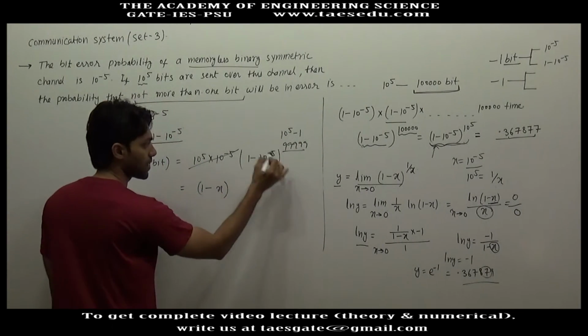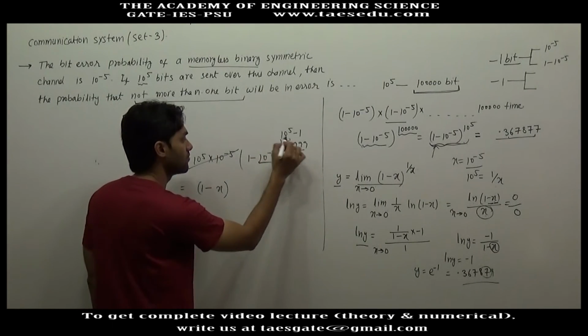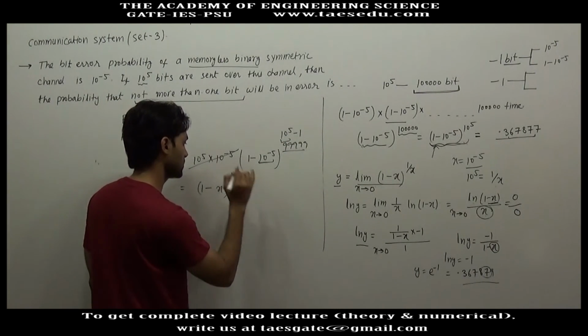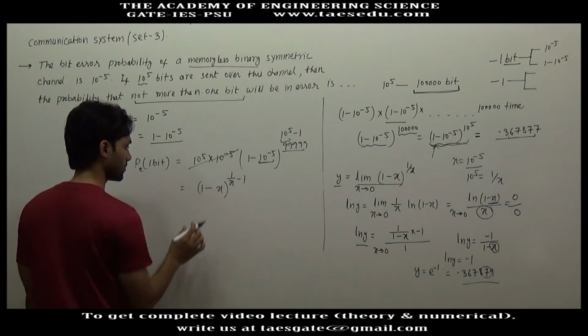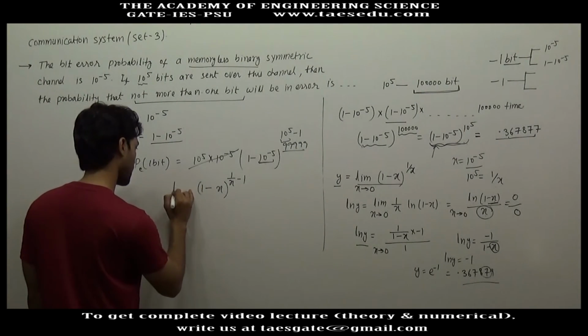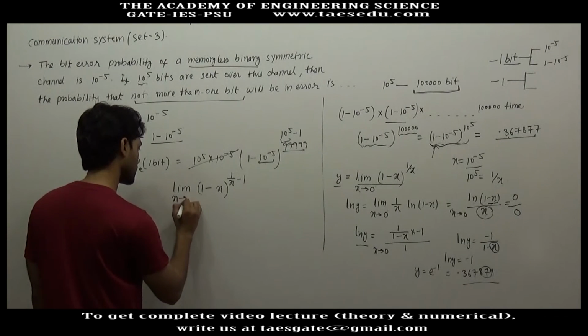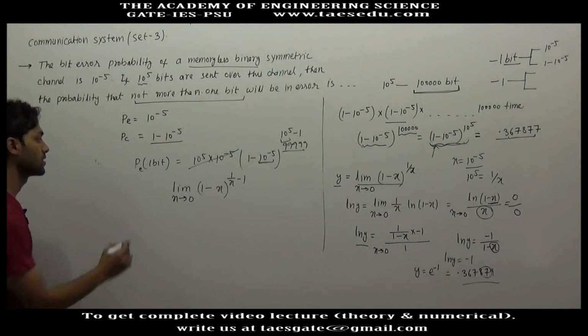So if 10 to power minus 5 is x, 10 to power 5 will be 1 by x minus 1, and limit x tends to 0. This is y.